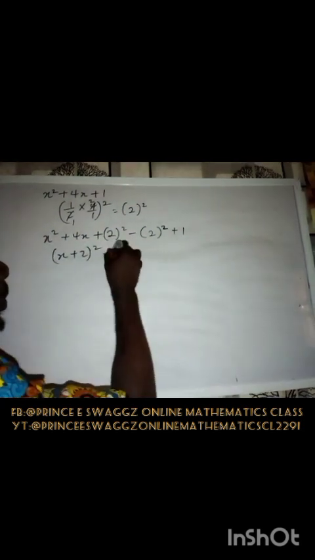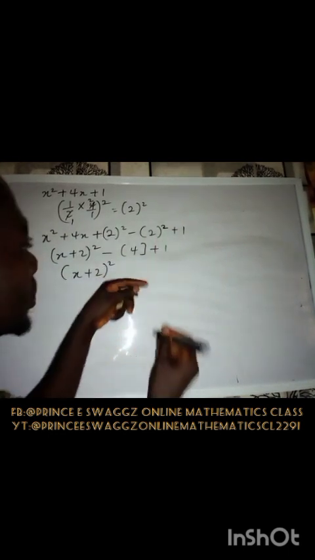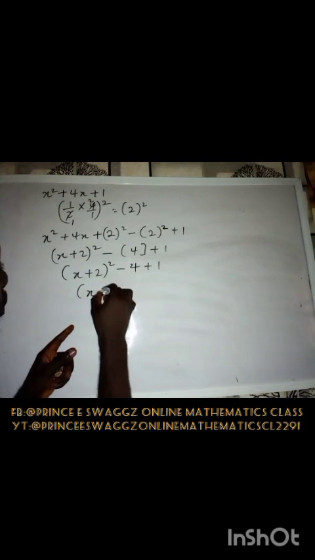So I pair these two together: x plus 2 all squared. Then 2 squared is 4, so minus 4 plus 1, which gives x plus 2 all squared minus 3.